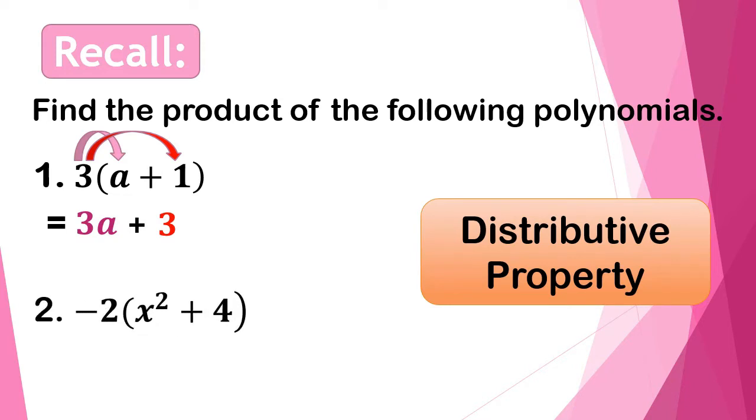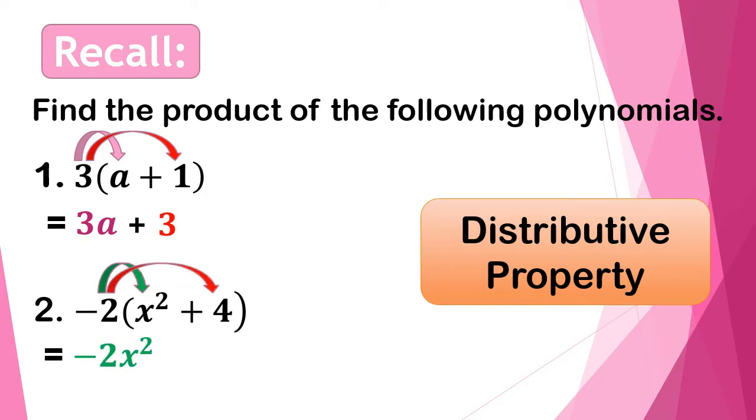Next, example number 2. We have here negative 2 times x squared plus 4. The same process that we used for number 1, all we need to do is multiply negative 2 to each term of the binomial, which is x squared plus 4. Now, let's simplify. Negative 2 times x squared is equal to negative 2x squared.